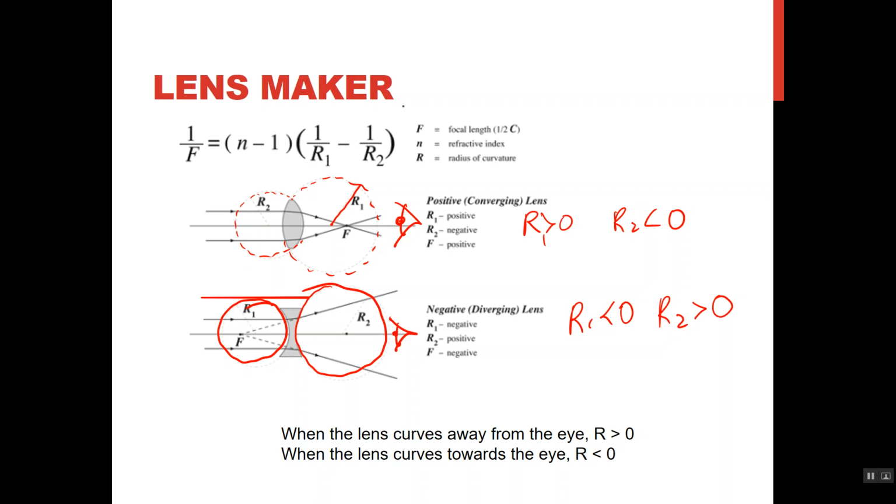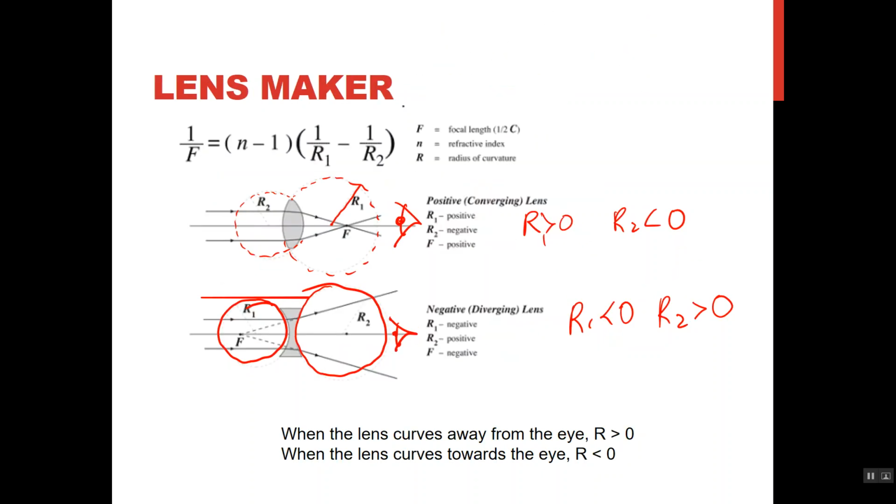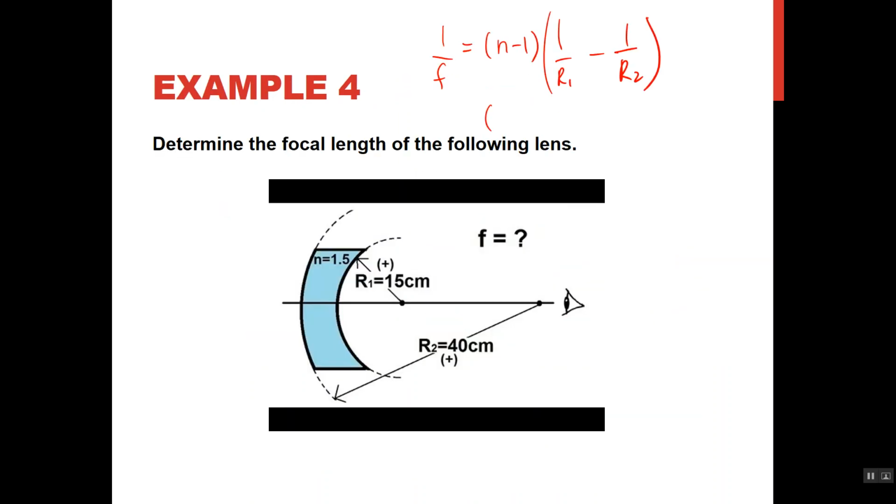So I guess that's a mistake on the other one. R1 is this circle here, the first one of the raised section. In this case, they're both curving away from the eye, but it's a matter of which one's R1 and which one's R2. I'm going to say this one's R2 and this one is R1.